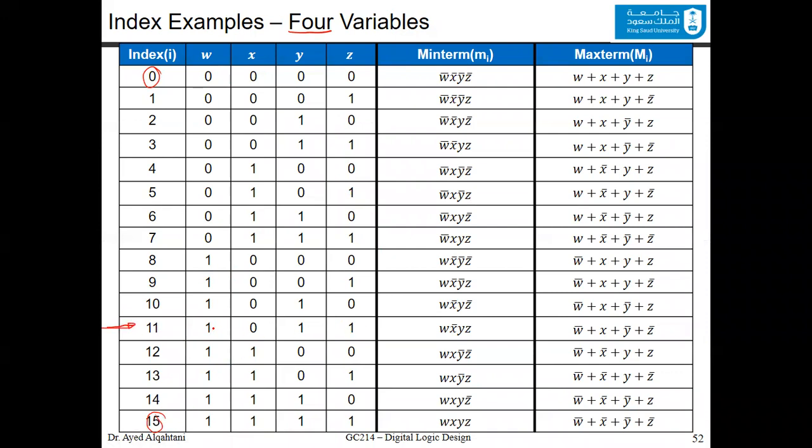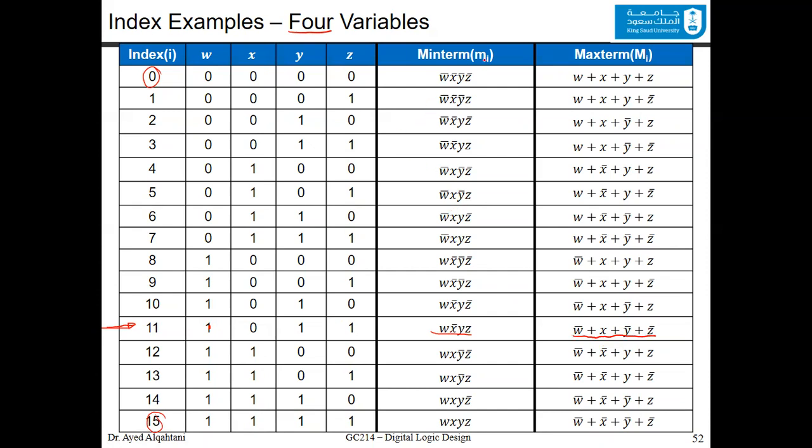So the min term will be W, X bar, Y, Z. And for the max term, now we think opposite: W bar or X or Y bar or Z bar.